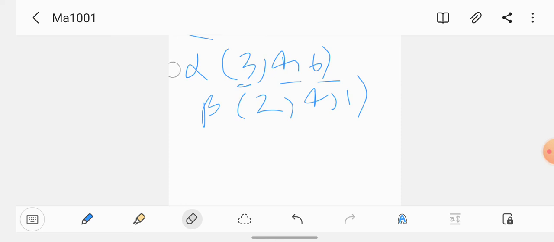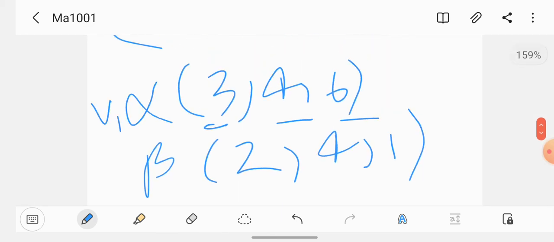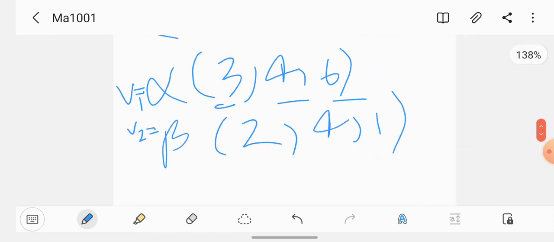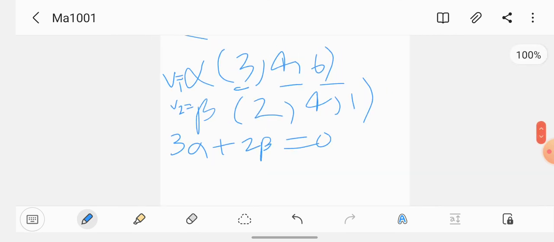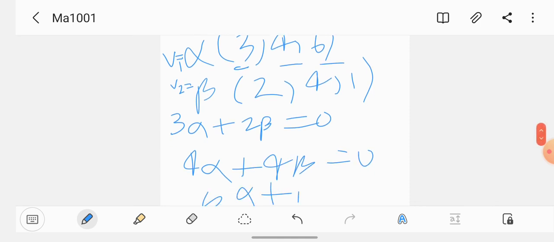Let's suppose alpha v1 and beta v2. You just add these, so 3 alpha plus 2 beta, and equate with 0. So 4 alpha plus 4 beta is equal to 0, and 6 alpha plus beta is equal to 0.